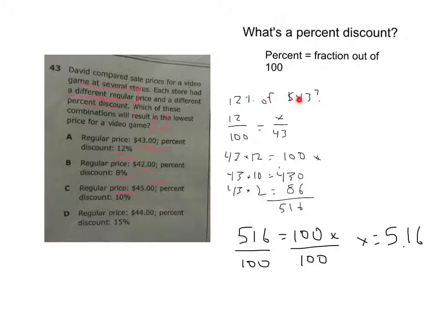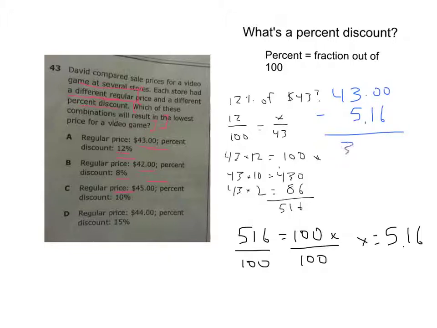So does that make sense? 12% is pretty close to 10%, which would be 1/10. And so 1/10 of 43 would be about $4, a little bit more. So this is $5. So that makes sense. It seems like it's pretty close. So now remember that that's a discount. So let's take our starting amount, which was 43, and we'll now subtract $5.16 from it.